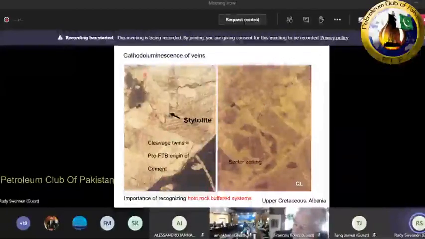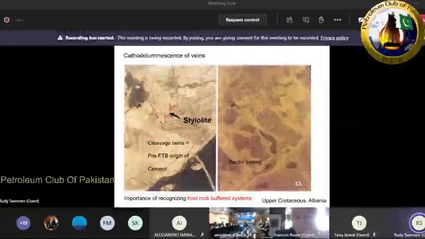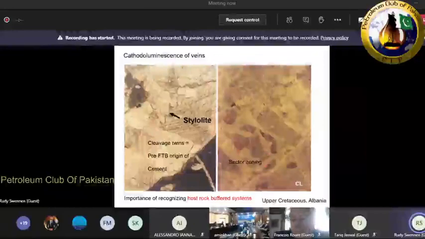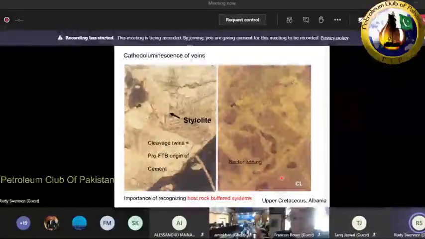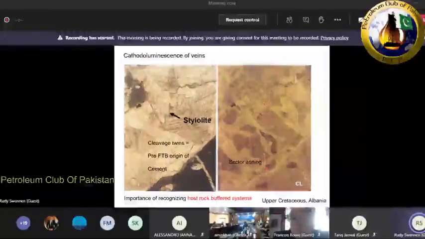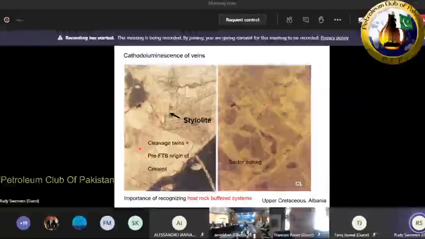Cathodoluminescence of these veins, which is cut in this case by a stylolite. If you look at the color, to some extent, the color is quite similar to the color of the host rock. In this case, this would point much more to host rock buffering, to a closed system. Also very important that you can see here are the cleavage twins. The cleavage twins clearly show that the vein has suffered some tectonic stresses.